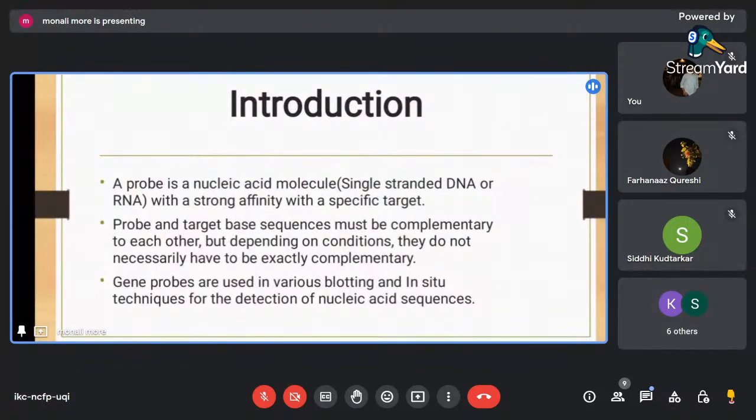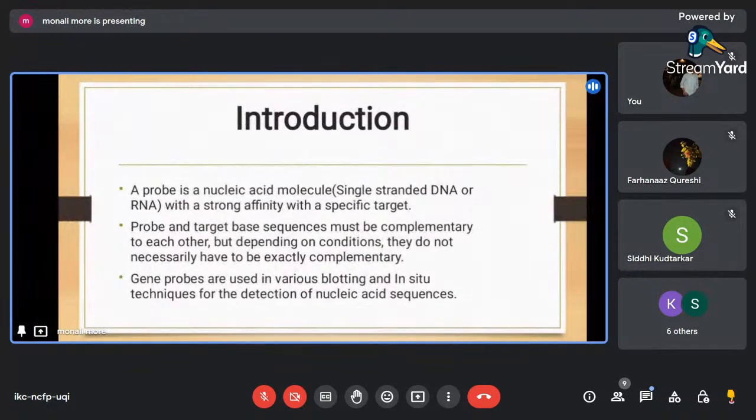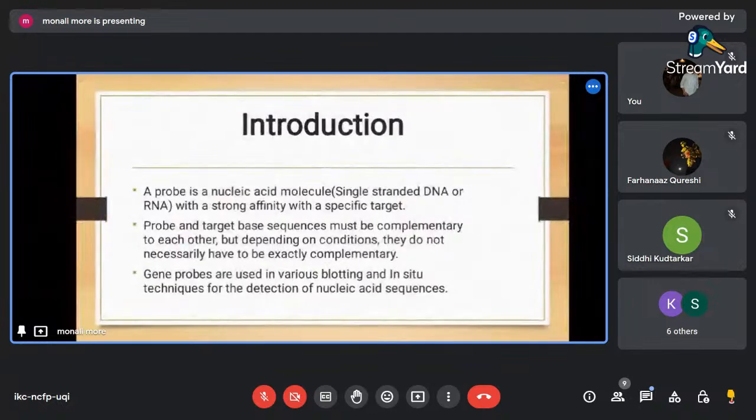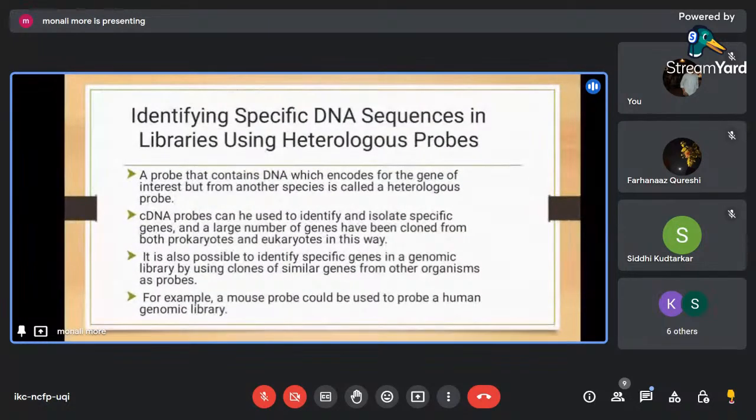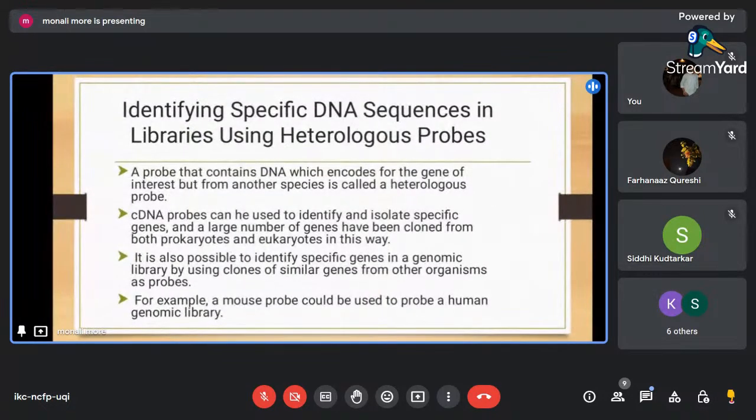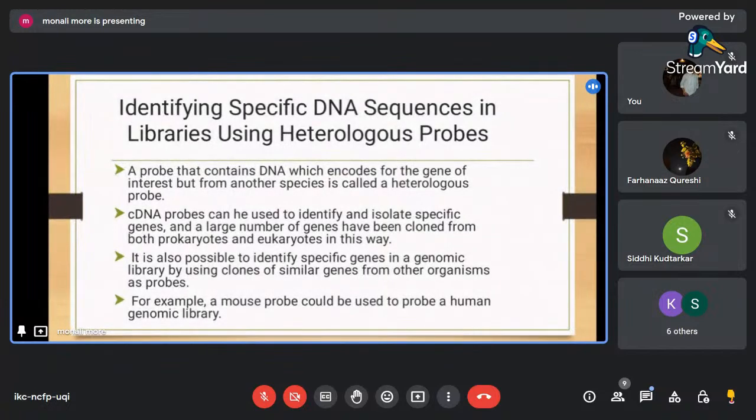Gene probes are used in various blotting and in situ techniques for the detection of nucleic acid sequences. First is identifying a specific DNA sequence in a library using heterologous probes. A probe that contains DNA which encodes the gene of interest but from another species is called a heterologous probe. cDNA probes can be used to identify and isolate specific genes, and a large number of genes have been cloned from both prokaryotes and eukaryotes in this way.